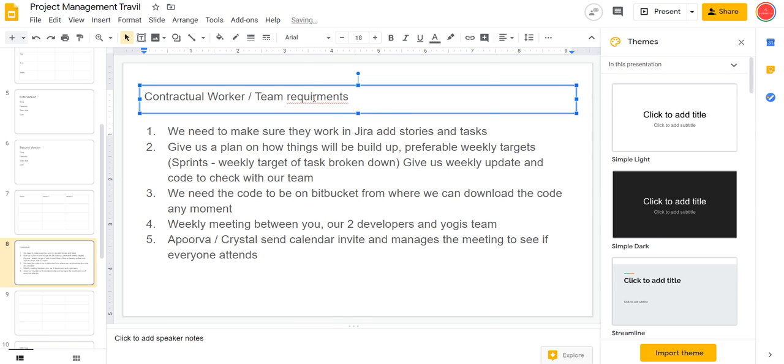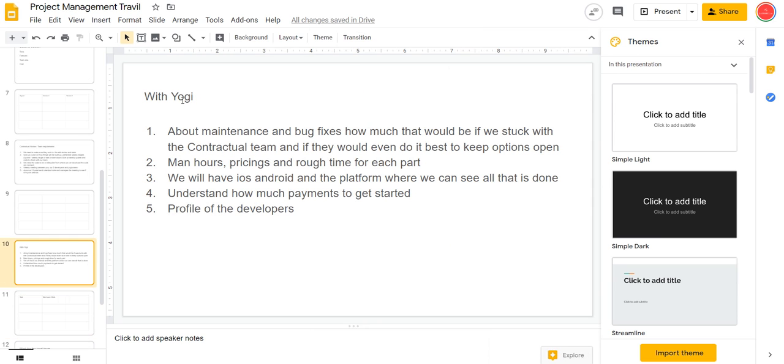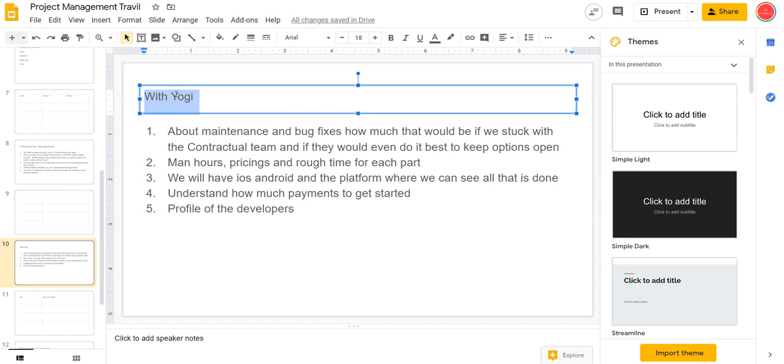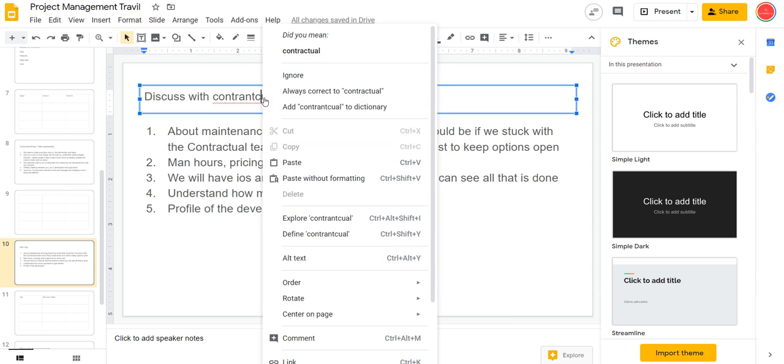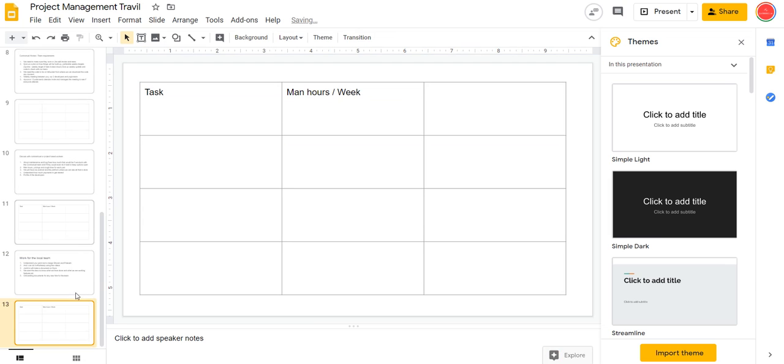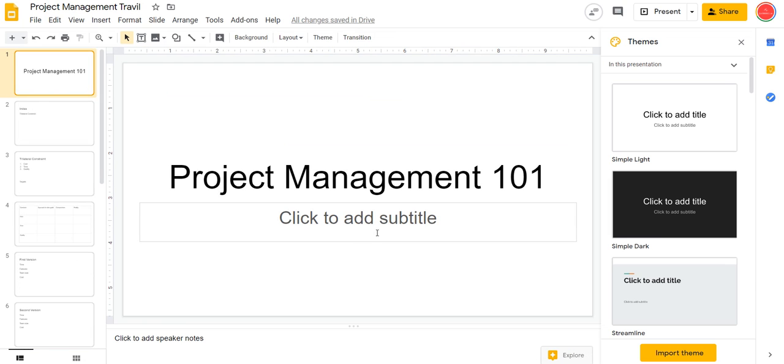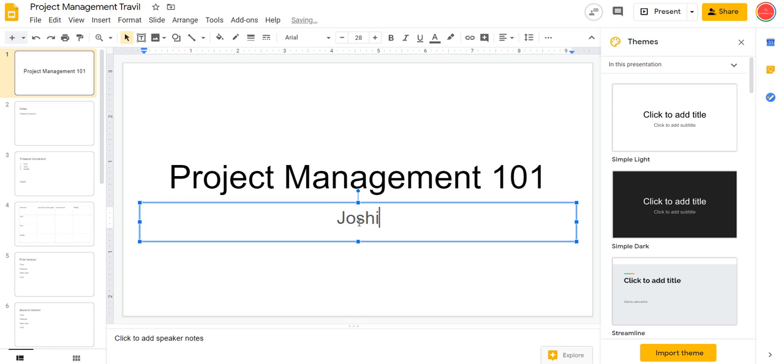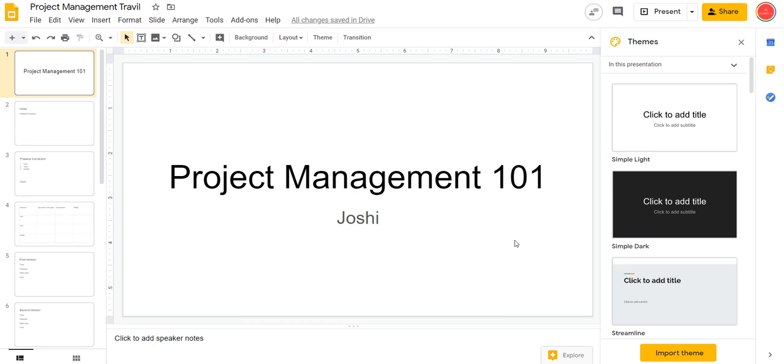So this is what we require from the contractual team of workers, and discussion with contractual or project-based work. We have to make sure that we give the same heading in the index and make this so that we can share it among the team and have a discussion on how we are going to manage this.